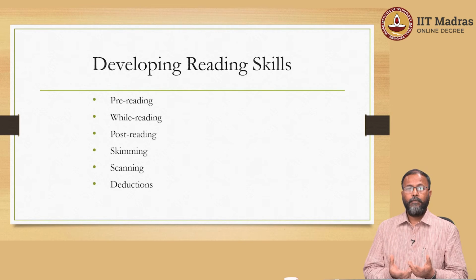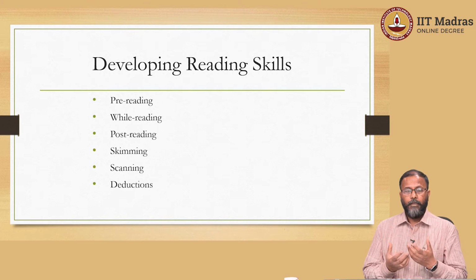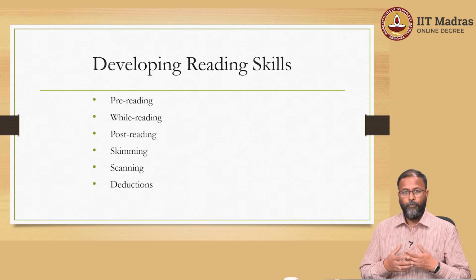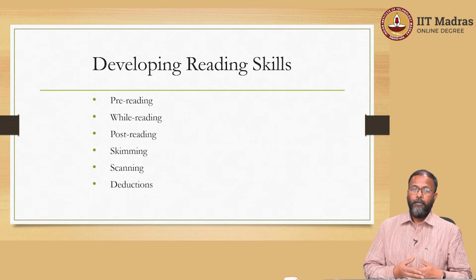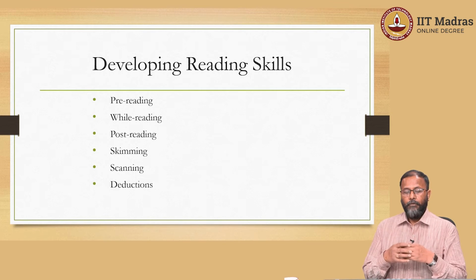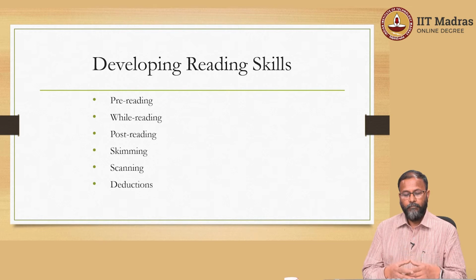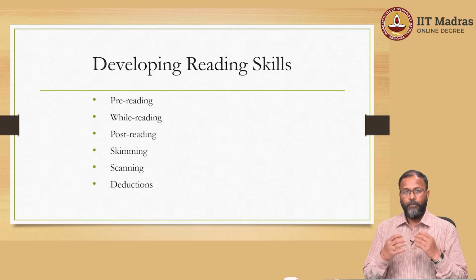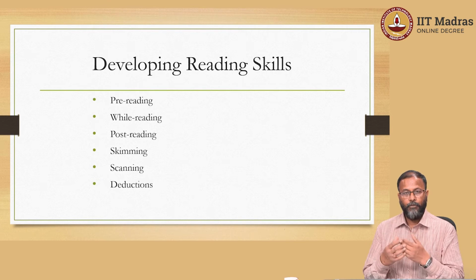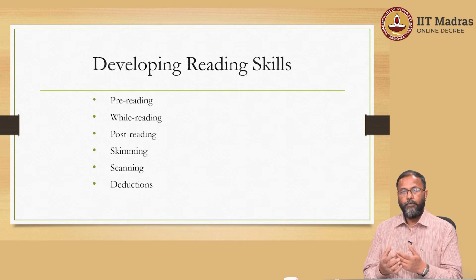Then post reading. So pre-reading, then you approach the text. While reading, you do all these activities. Then post reading. Post reading, you have assimilation. So you have your background knowledge with which you approach the text. With that orientation, you noted down, jotted down, and you collected a lot of information.